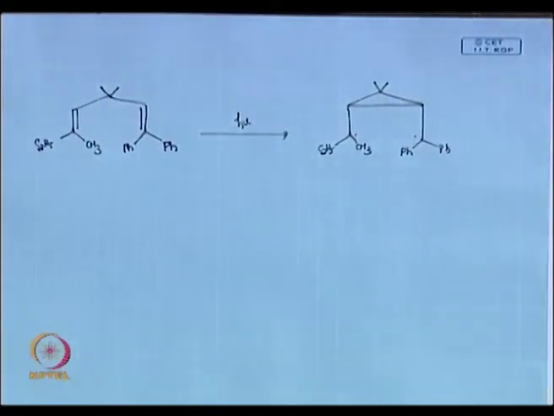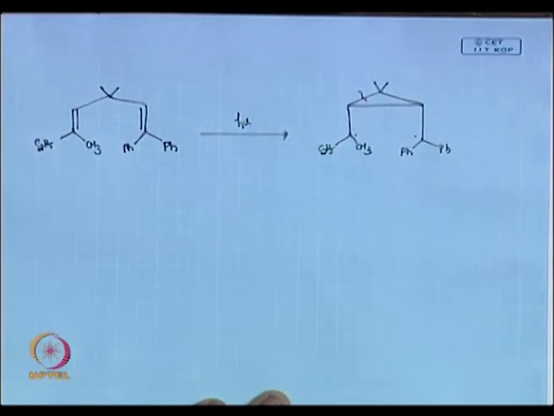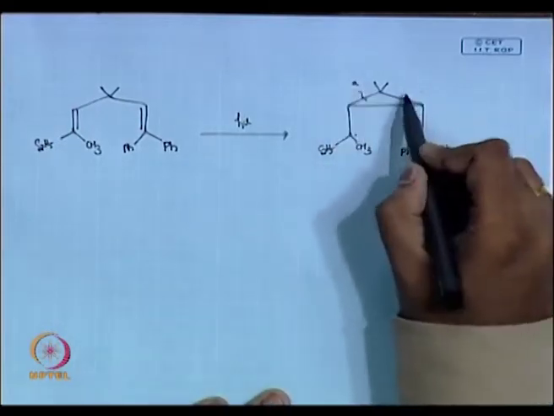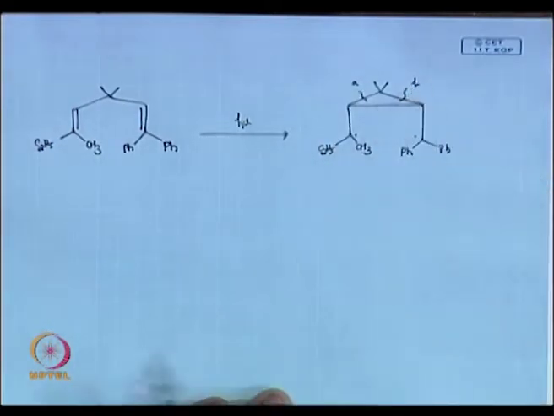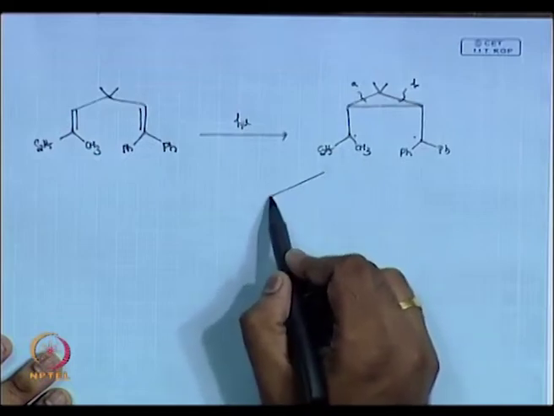You get this, right. Now, I can think of cleaving it in two ways. I can cleave in this direction and call it A. I can cleave in this direction and call it B. Okay. So, we will write both the products and see what chemistry it gets you.